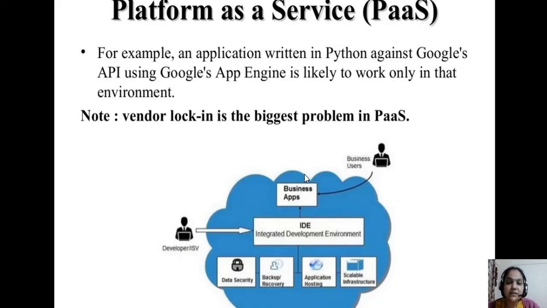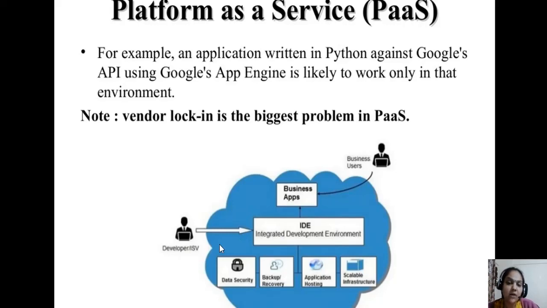See, in this particular diagram I have two things. I have one developer and one application user, or a business user, you can say. Then here I have various kinds of services, such as data security, recovery, hosting of the application, and scalability, meaning enhancing your application infrastructure.